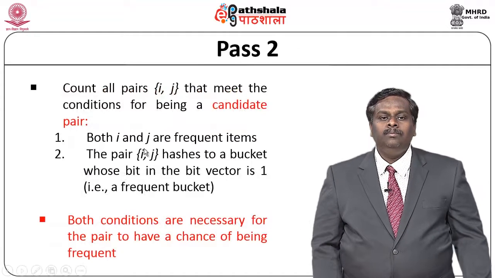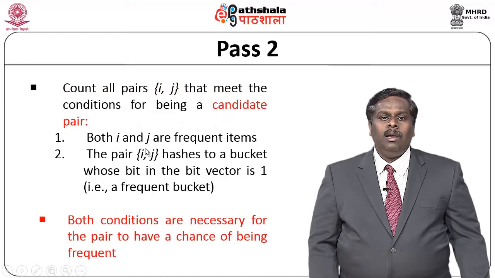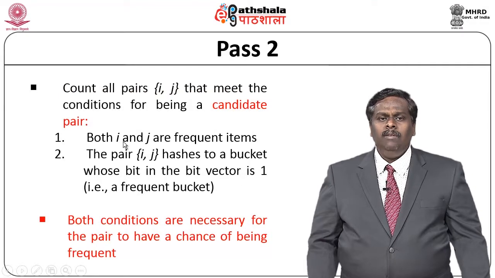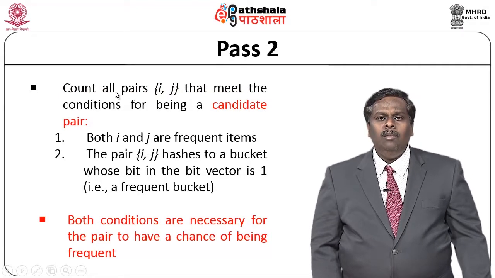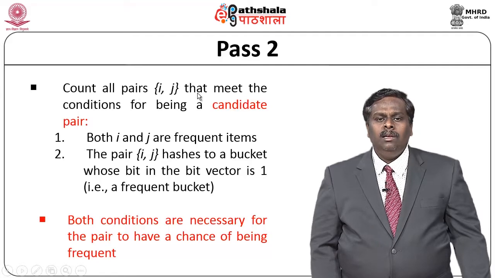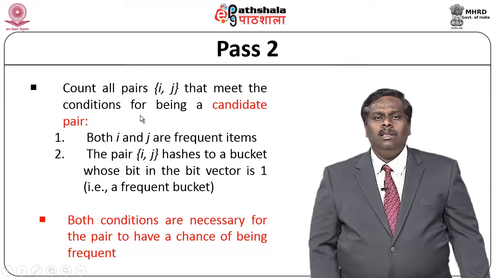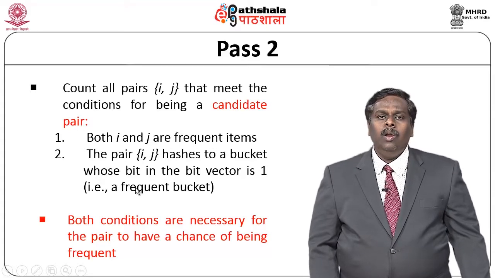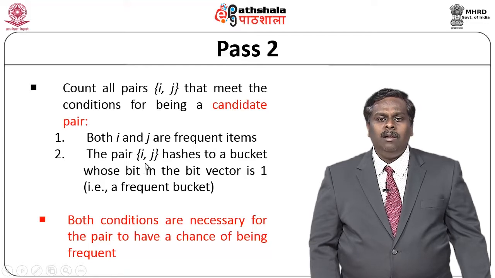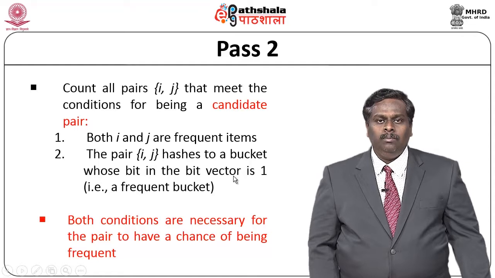So, in pass 2 what happens is, all that we need to do is count all possible pairs (i, j) that meet the frequency condition. In case i and j both are frequent items, then you are going to hash this pair (i, j) to a bucket whose bit vector is set to 1.